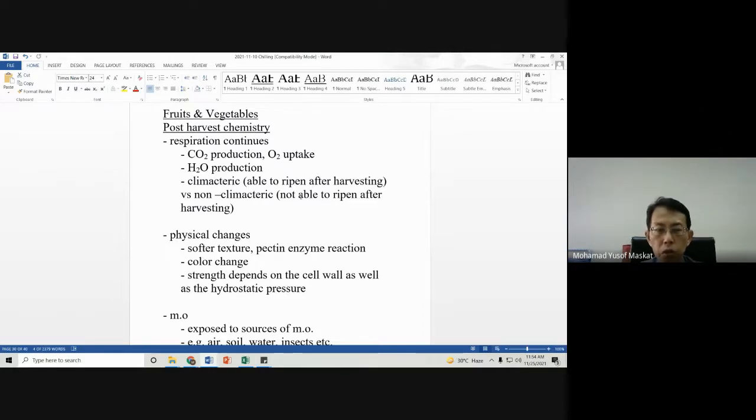Respiration is the production of carbon dioxide, uptake of oxygen, and also production of water vapors, similar to us breathing. So the fruits and vegetables continue to breathe even after they have been harvested. Similar to us, we take in oxygen and then we produce carbon dioxide and water vapor.